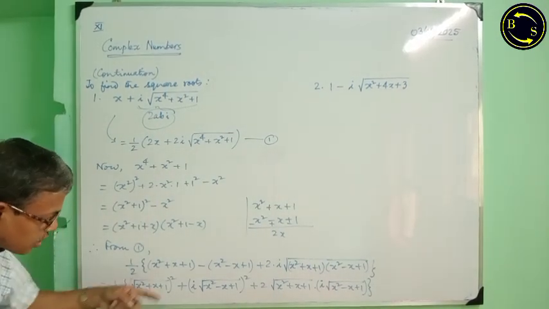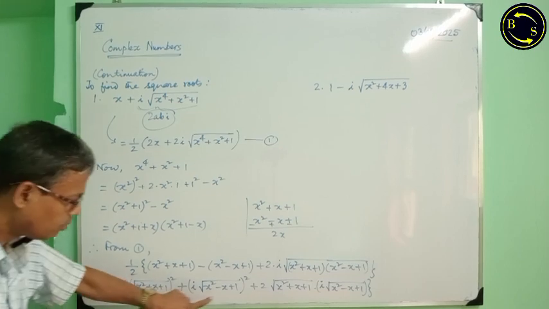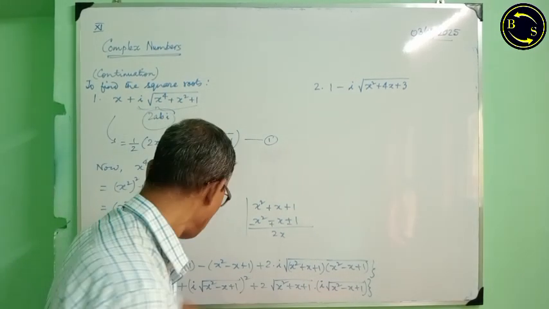Thus, in this step we have got a square plus b square plus 2ab form.